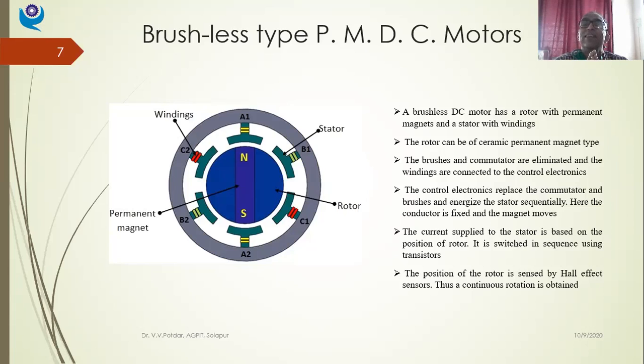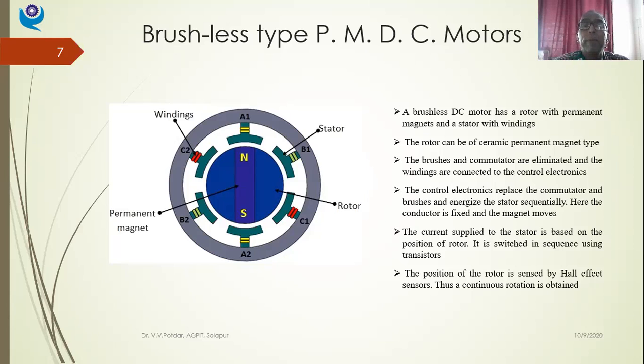So how was it working in the brush type DC motor? I had the stator permanent magnets setting up the magnetic field, and the current carrying conductor, as it used to interrupt the magnetic field, developed an electromotive force. It was developing a torque and the rotor was rotating. Here, I've got a permanent magnet as a rotor.